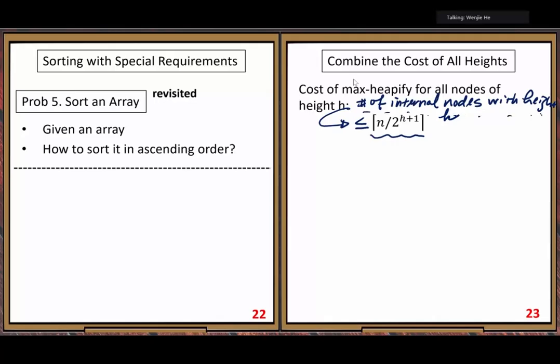Then let's imagine for each such node, how many moving down operations. We need to do a comparison, then we need to do a swap operation. Let's use the number of swap operations.